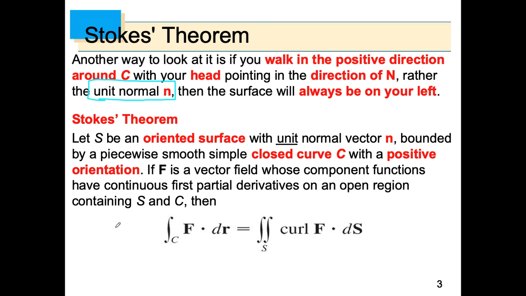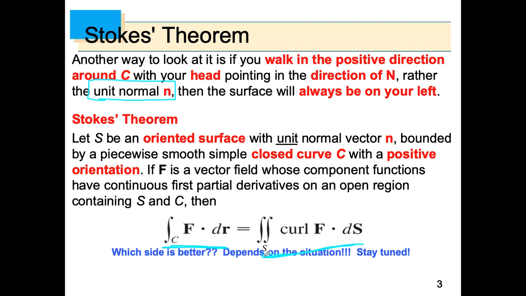Now, I want to really point this out. There are two sides to this theorem. You have this line integral, where we're going along the oriented curve C, and then we have this surface integral that is going to be more geared towards the surface that the curve is bounding.